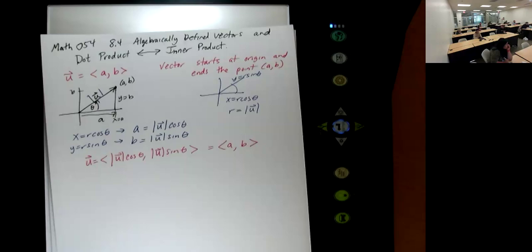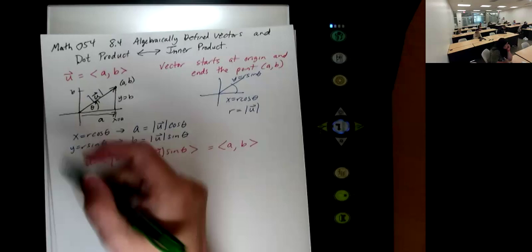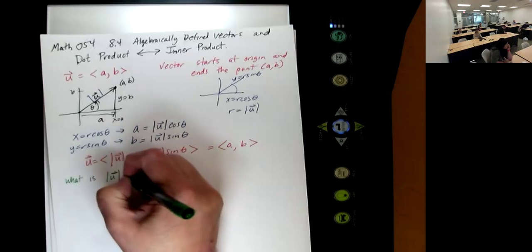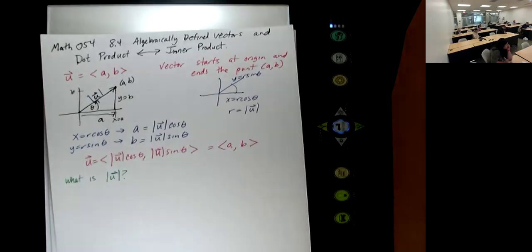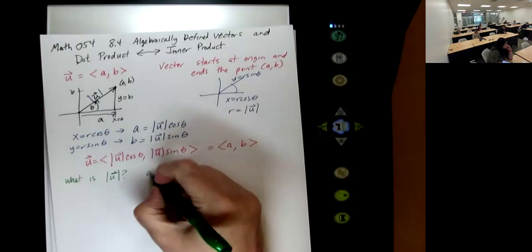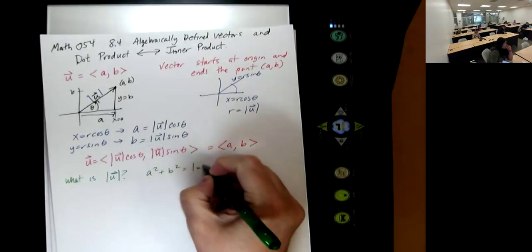What is that magnitude though? Well, it's a length, and we can use the Pythagorean formula, right? a squared plus b squared equals magnitude of u squared.